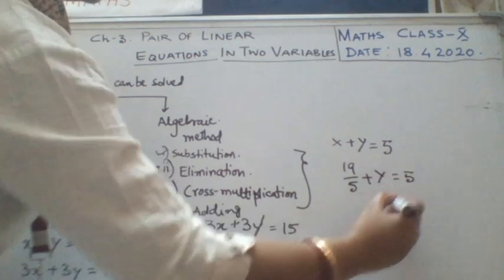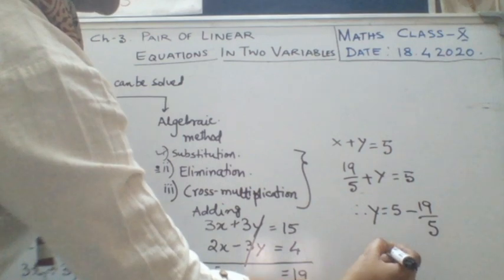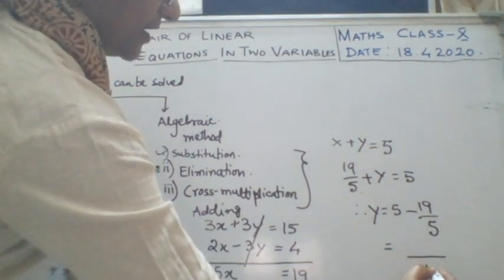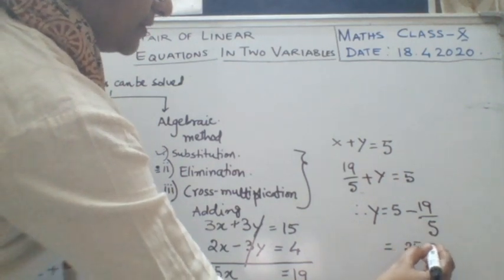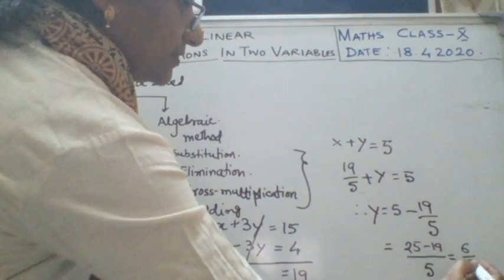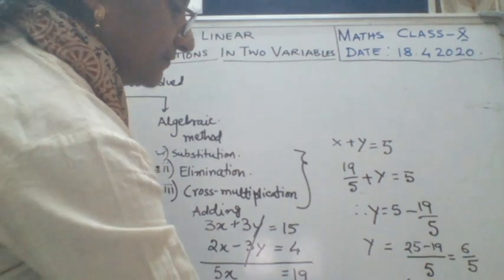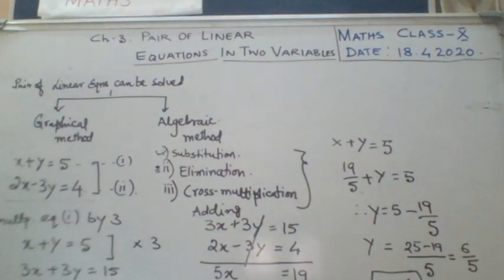Therefore, y is equal to 5 minus 19 upon 5. You calculate it. LCM is 5. So 5 into 5 is 25, minus 19, that is 6 upon 5. So the value of y is 6 upon 5. So x is equal to 19 upon 5 and y is equal to 6 upon 5.